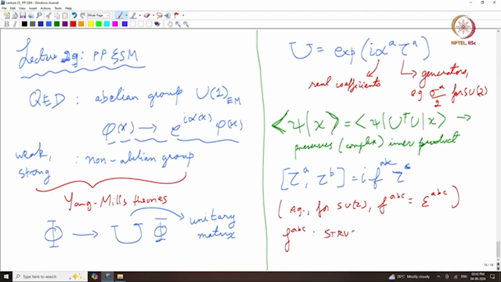The f^{abc} is called the structure constant. The structure constant uniquely determines the group that we are talking about.